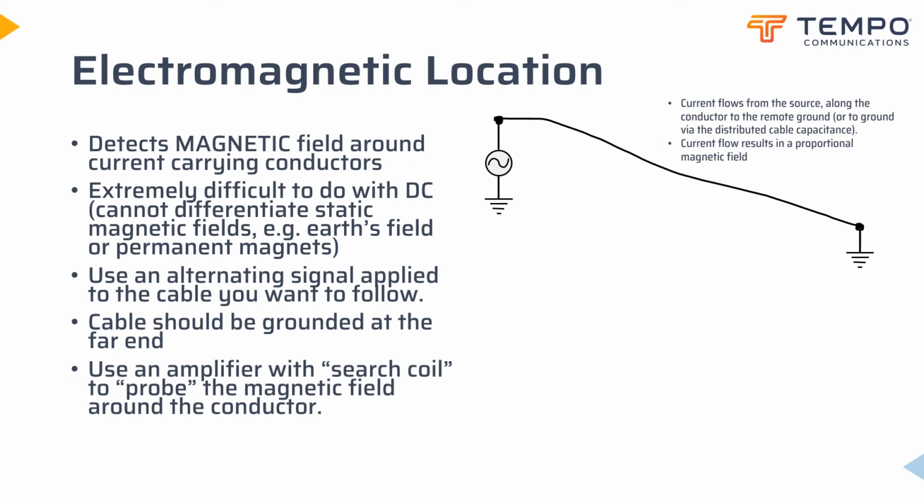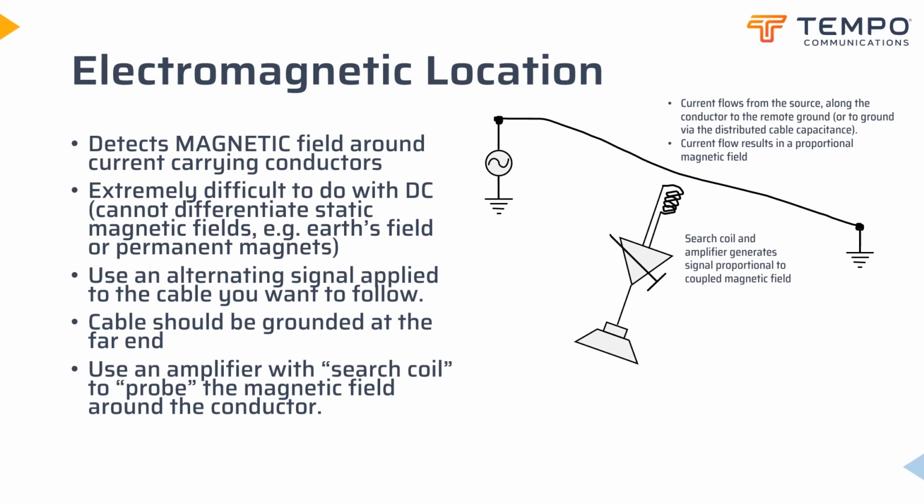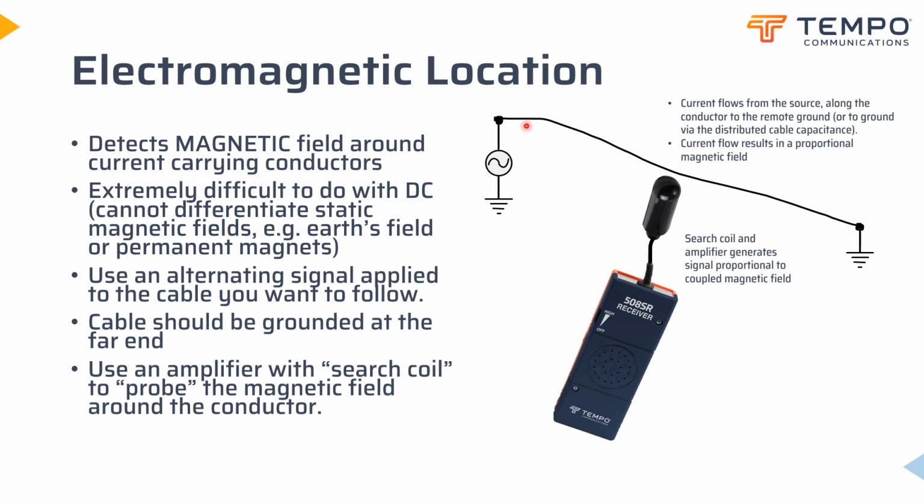For magnetic location, the amplifier, instead of having a voltage probe, is normally equipped with a search coil that develops a signal based upon the magnetic field passing through that coil. Here, we're using magnetic induction. The voltage establishes an electric field along the conductor.